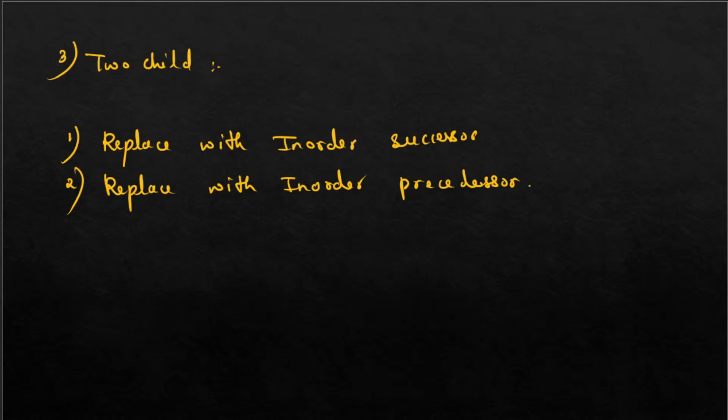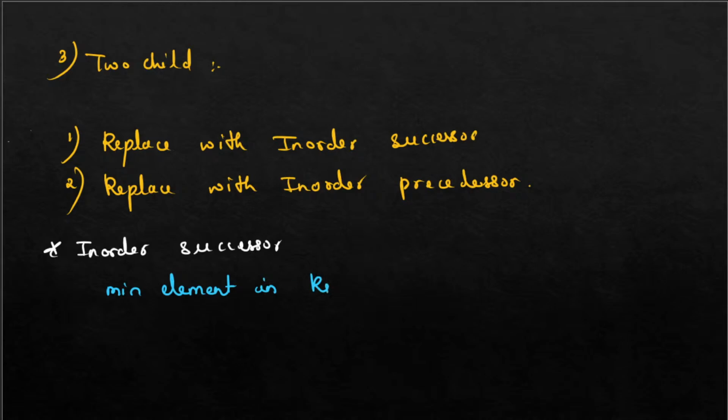But if we do it with the in order successor, what result are we going to get? We get the minimum element in the right subtree.